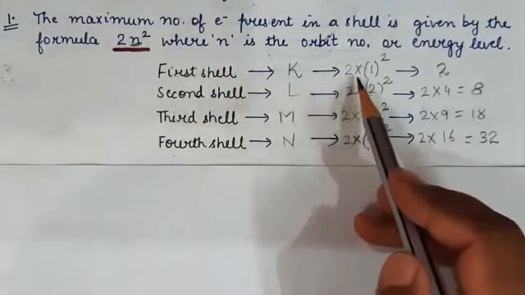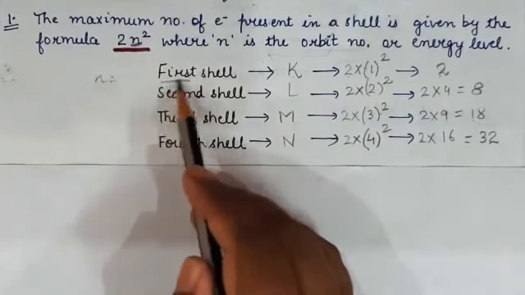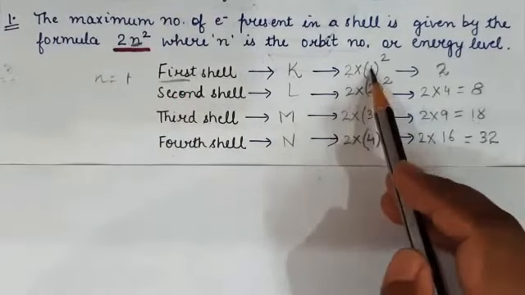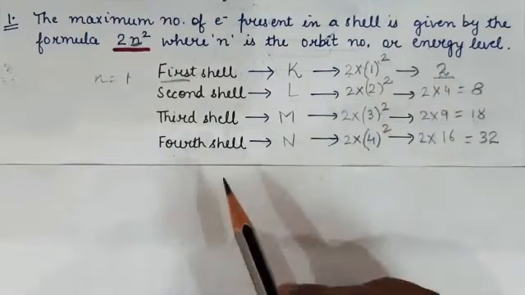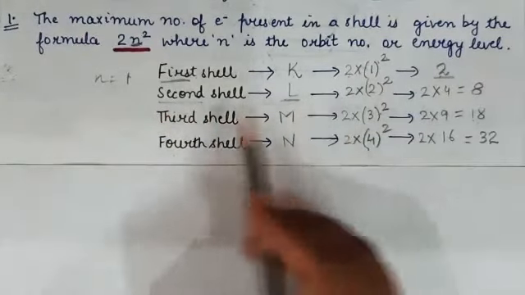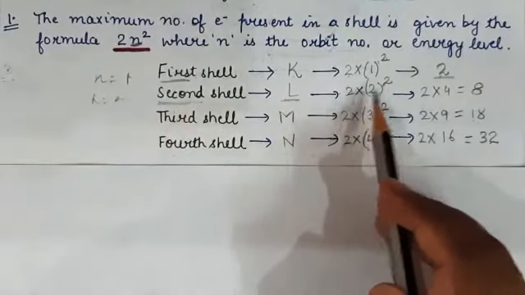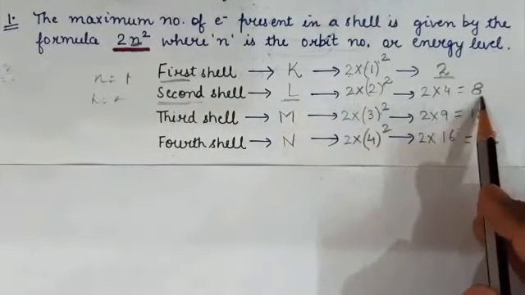So 2n squared: what is n? For the first shell, n is 1. So 2 into 1 squared, that is 2. For the second shell, the L shell, n is 2. So 2 into 2 squared, that is 8.